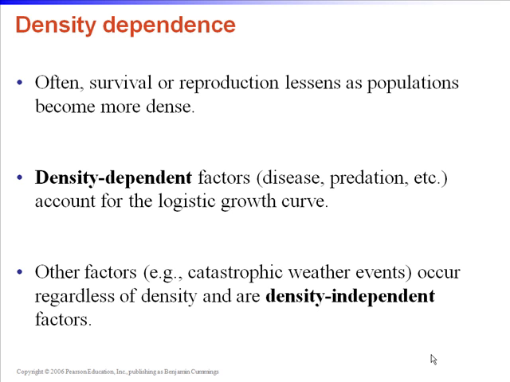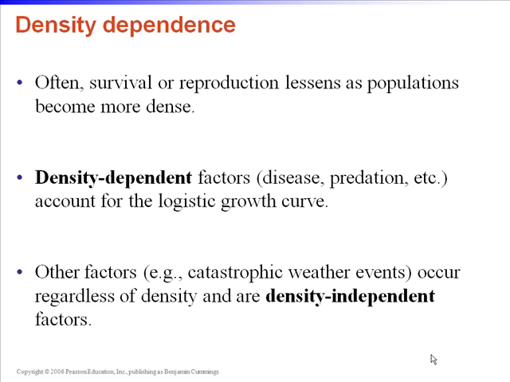Population density can increase or decrease the impact of certain limiting factors on that population. When that is the case, these are called density dependent factors. Examples of density dependent factors are disease and predation. Now other factors, such as catastrophic weather events, can be called density independent factors, because they affect a population size regardless of its population density.